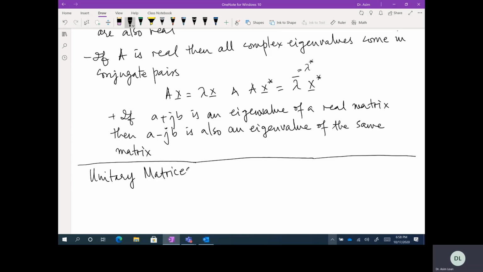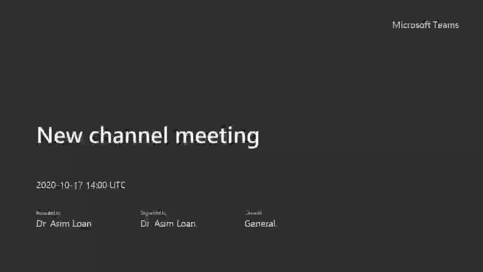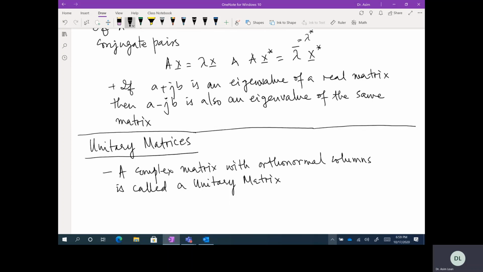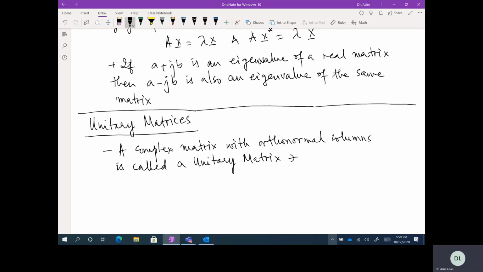Remember, the orthogonal matrices are square matrices that have orthonormal columns. A complex square matrix U is called a unitary matrix such that U^H U equals I equals U U^H, or U inverse is simply U^H.